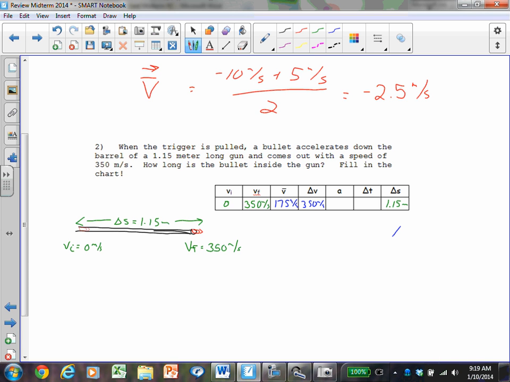Well, V bar is delta S over delta T, so delta T is delta S over V bar. Delta S is 1.15 meters and V bar is 175 meters per second, so delta T is 0.00657 seconds.